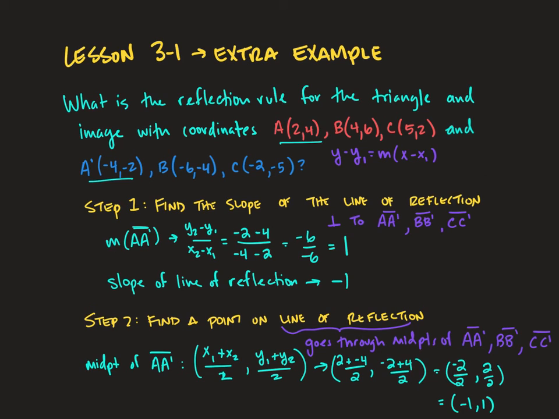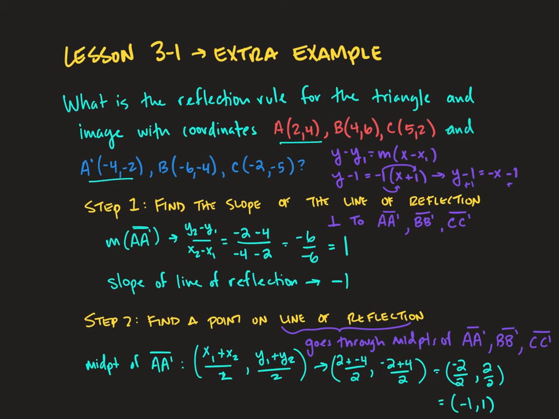So then I'm going to say y minus 1 equals negative 1 times x plus 1, because it says here that we are taking minus the x coordinate. Well, the x coordinate that I know for the point on my line is negative 1, so when I subtract negative 1, it's going to turn into positive 1. And then if I simplify this, it's going to say y minus 1 equals negative x minus 1. I just distributed this negative 1 in there.